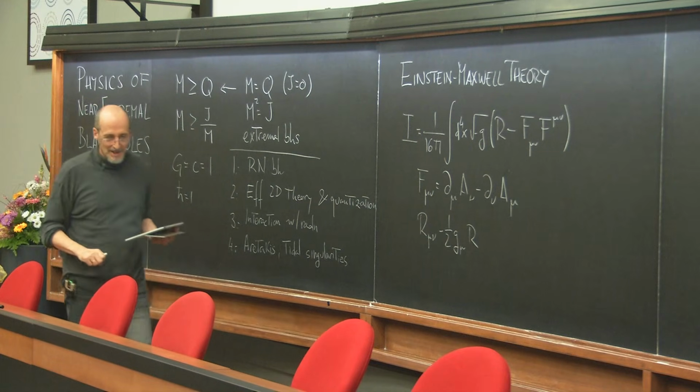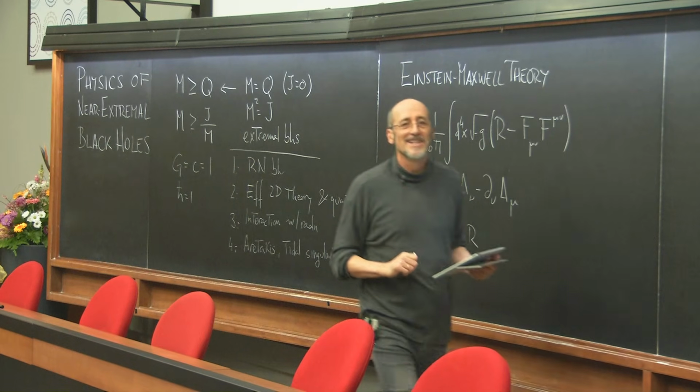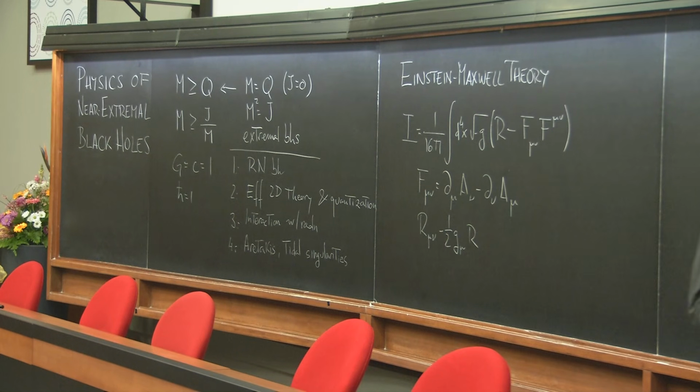Let me also set h bar to 1, so I'm using Planck units. Then the electron charge is 1/10, so that's a pure number. Since I don't have any explicit electrons in my Lagrangian, I don't need to put the electron charge. It's a free theory. I don't need it.